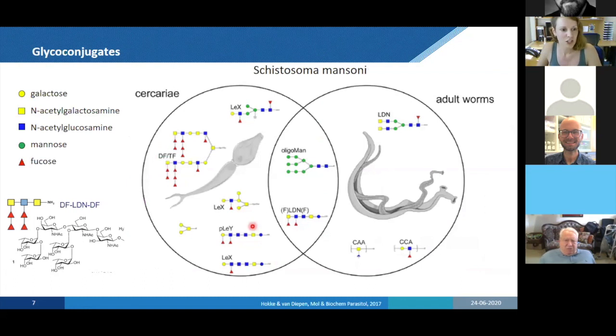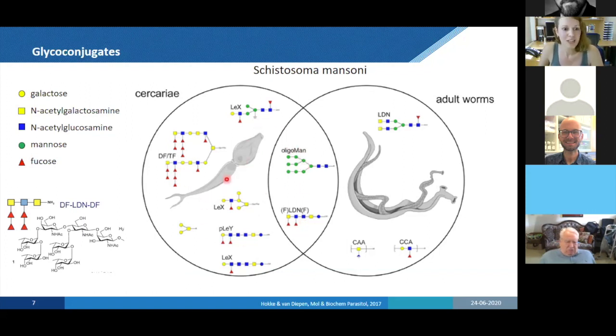This is what we know from really extensive studies that have been performed on the glycans of these parasite life stages, actually done by my supervisor, Cornelis Hokke, and his co-workers.